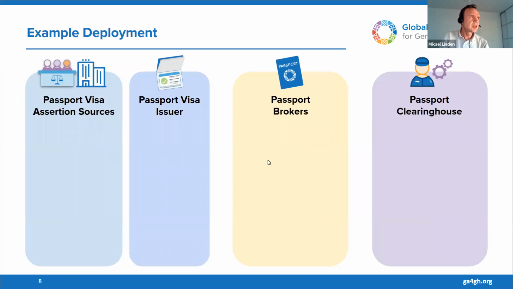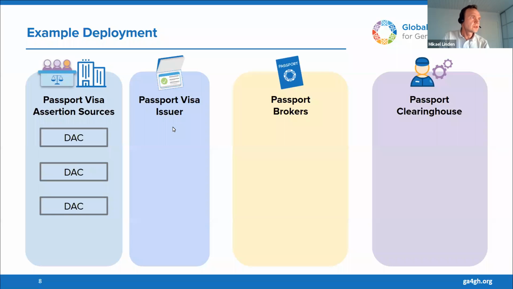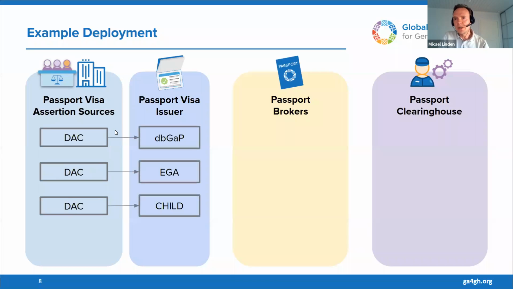This is an example deployment. The visa assertion sources are the data access committees for controlled access datasets. And the DACs themselves can be the issuers of the visas as well. However, what we can see is that quite often the datasets themselves are deposited to a data archive like EGA.